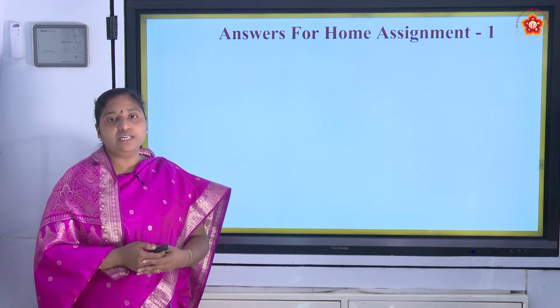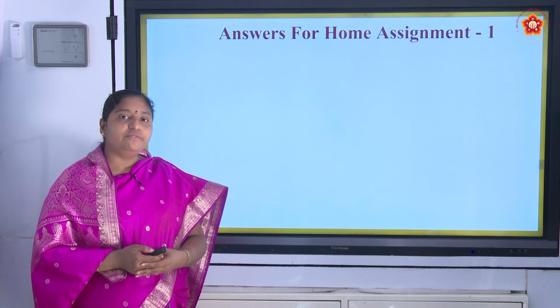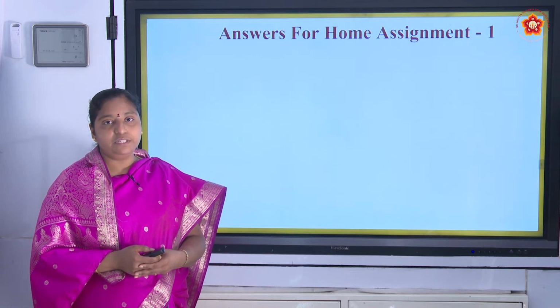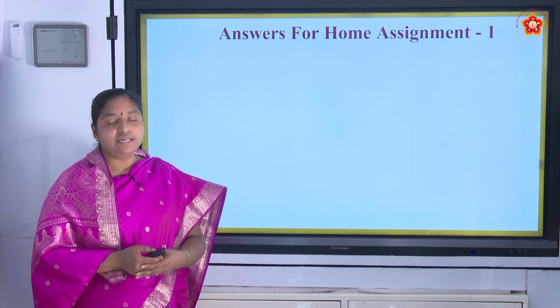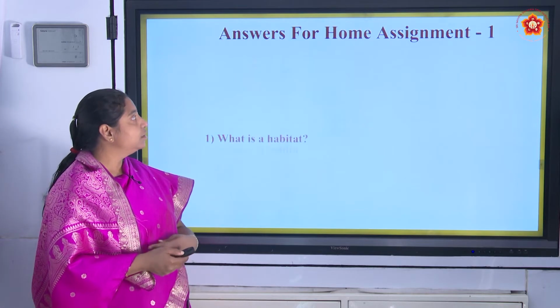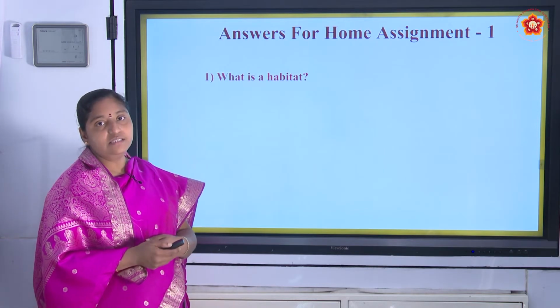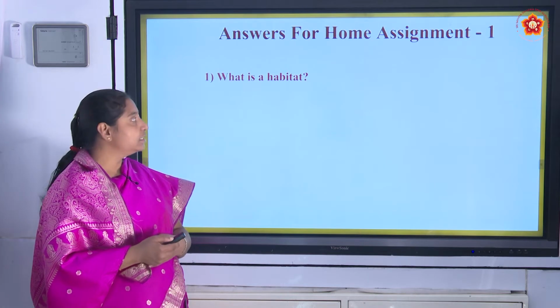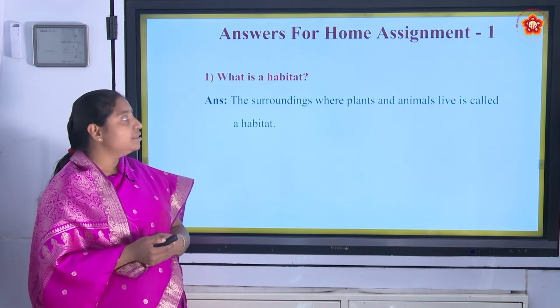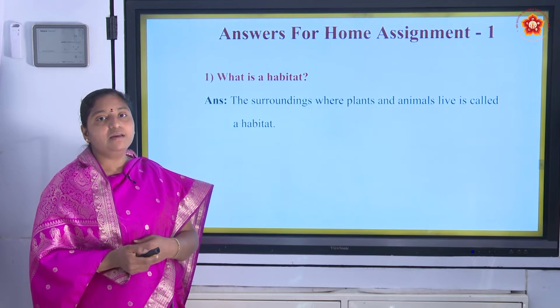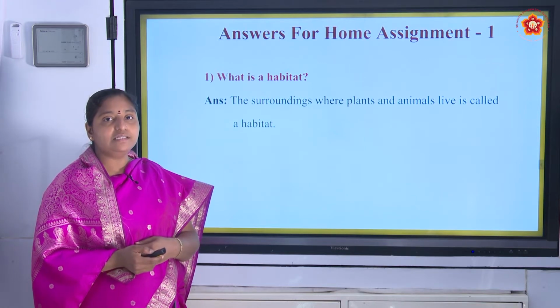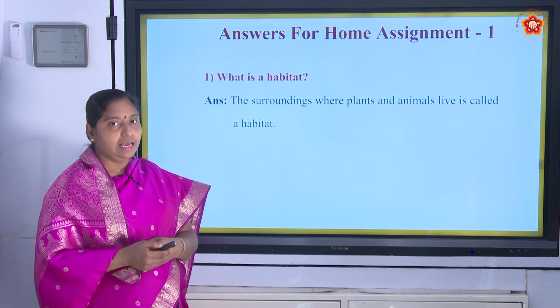Before going to today's session, first we will see the answers for the previous home assignment. First question is, what is habitat? The surroundings where plants and animals live is called habitat.